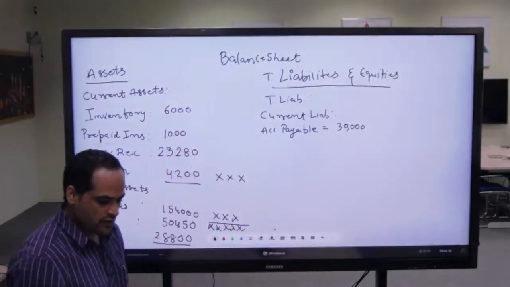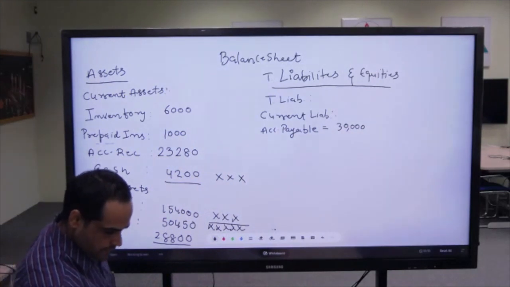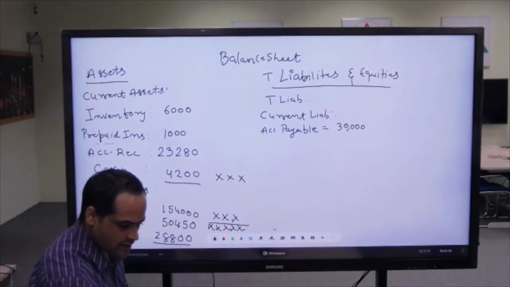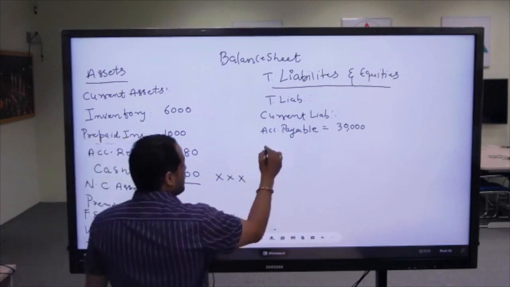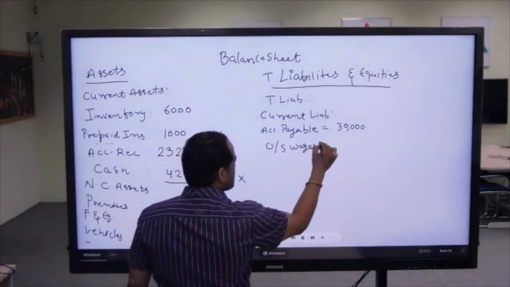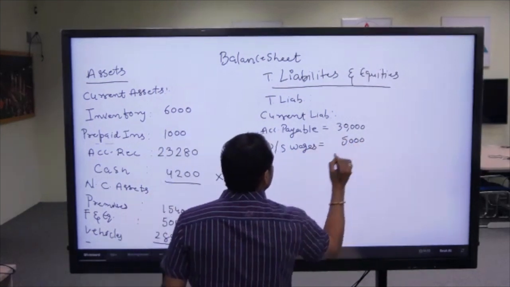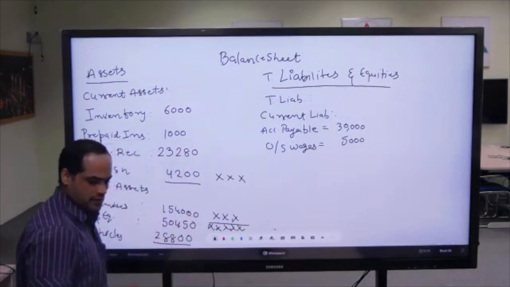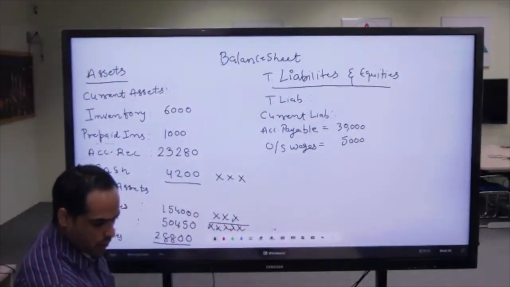And after accounts payable, what is next? Outstanding wages, how much? 5,000, that's right. Outstanding wages, 5,000. What next? Interest on loan.